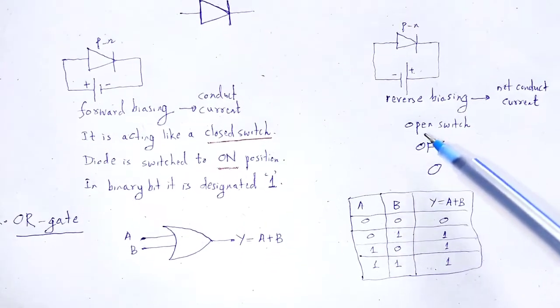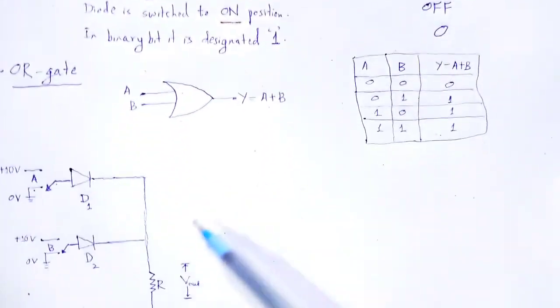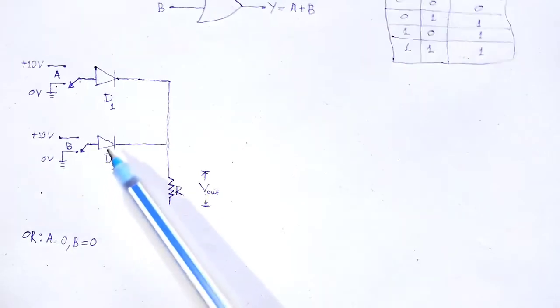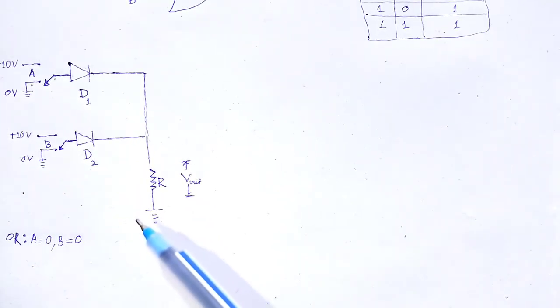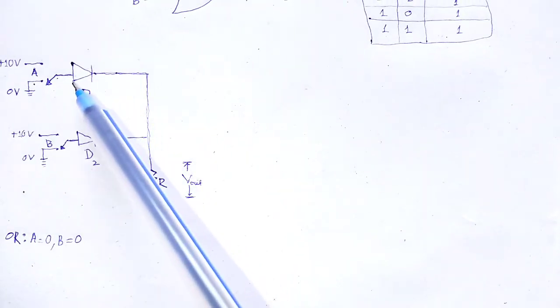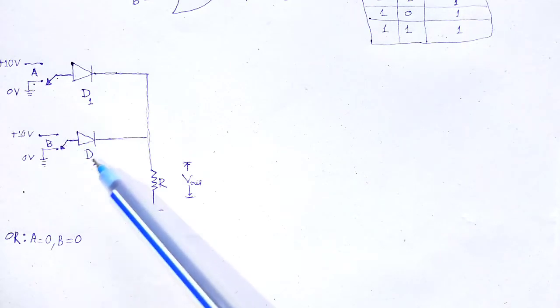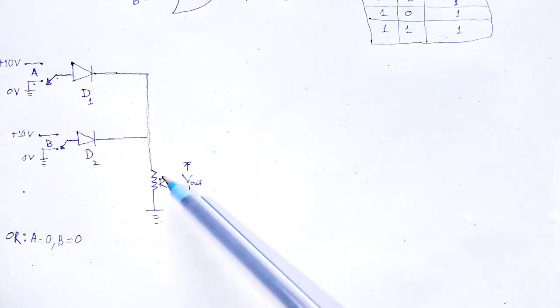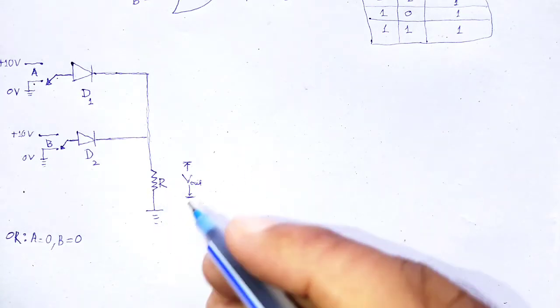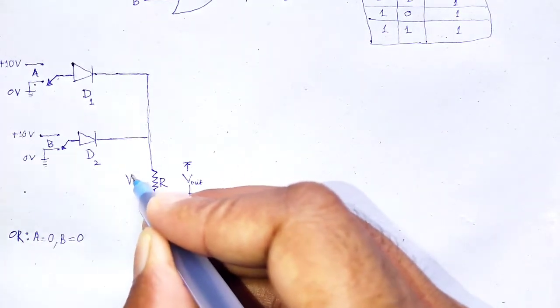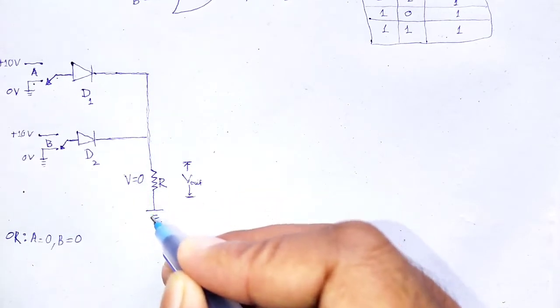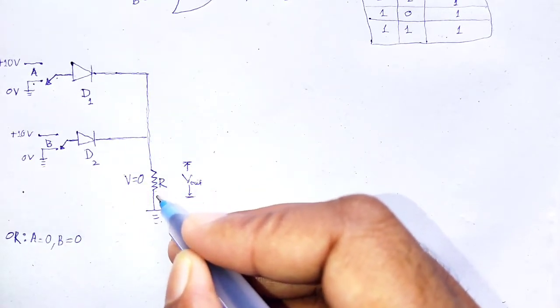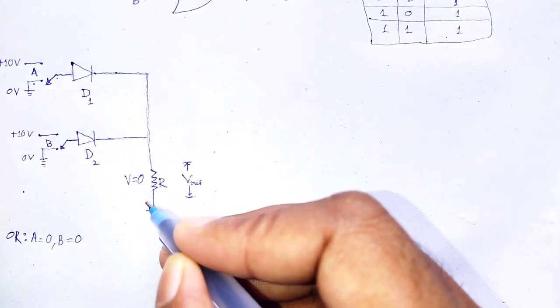As we discussed earlier, in reverse biasing both are treated as switched off positions, hence they do not conduct current through resistor R, and the potential drop V is equal to 0 across the resistance.